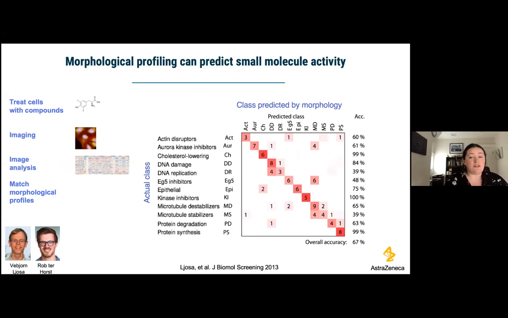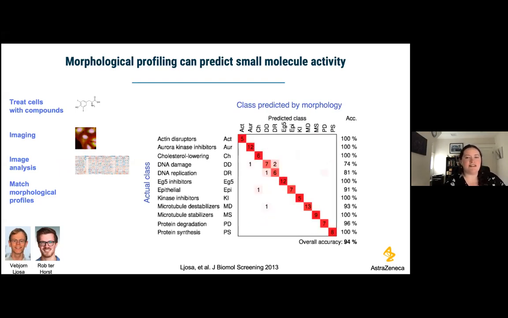It turns out the nucleus alone is actually enough to give you 67% accuracy, and pretty good accuracy even for some drugs that you don't think of as terribly nuclear, things like actin disruptors. You can do with pretty decent accuracy, again, just from looking at the nucleus alone. If you include just the nucleus, actin, and tubulin, you get 94% accuracy of being able to say, I know which of these drugs belong together.